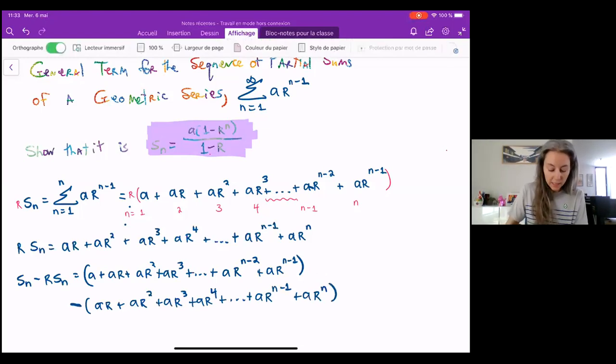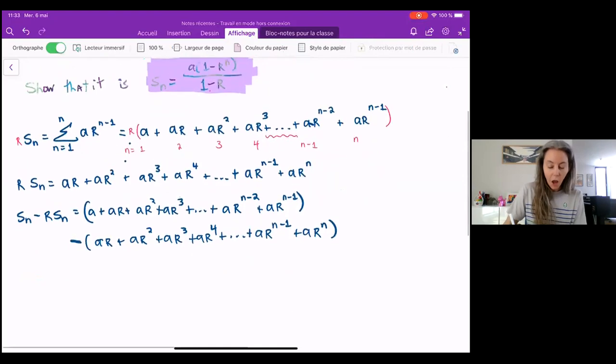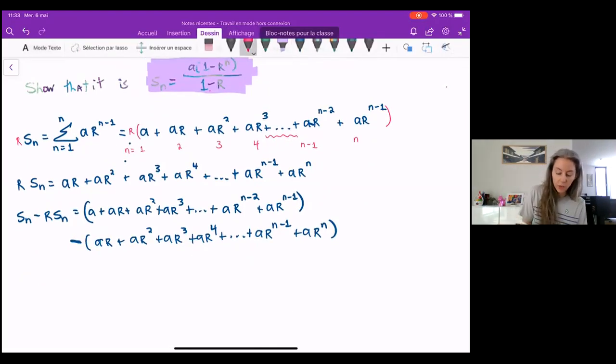Okay, what I see here is that all of those middle terms, like we said, are the same, so they're going to all cancel out. I'm subtracting ar squared, I'm subtracting ar cubed. There's going to be an ar to the fourth next, so that also gets canceled out. The ar to the n minus 2 will get canceled out with something right there as well.